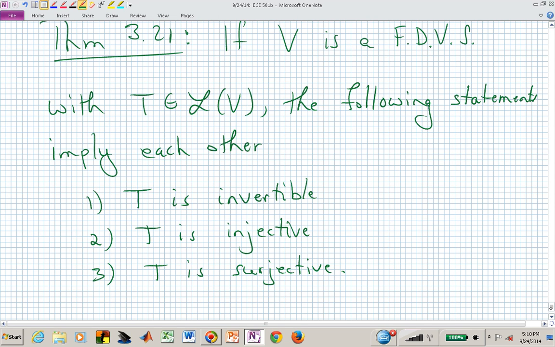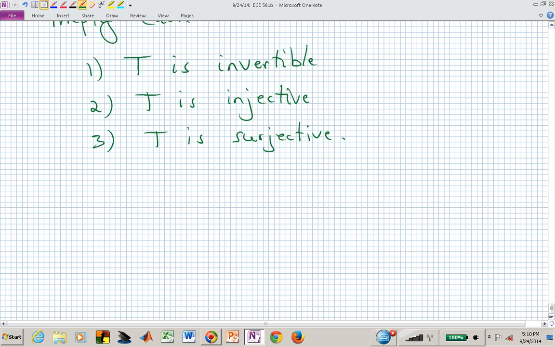So if we have an invertible linear operator, we could say it's injective, it's one-to-one. Or it's onto. Or if it's onto, it's invertible. Or if it's one-to-one, it's invertible. All of these statements imply each other. Let's see if we can show some of those implications.